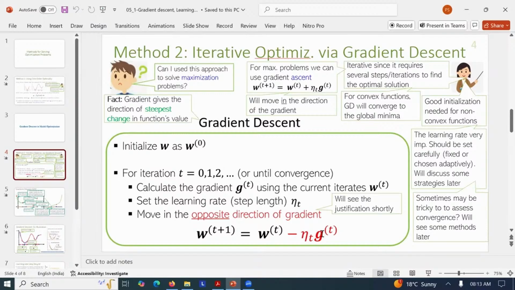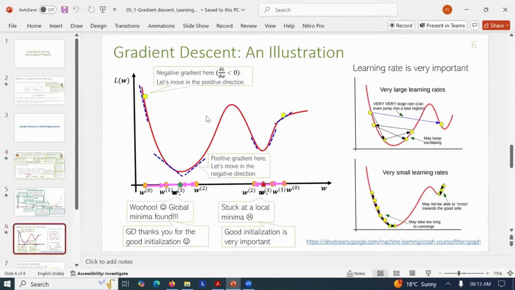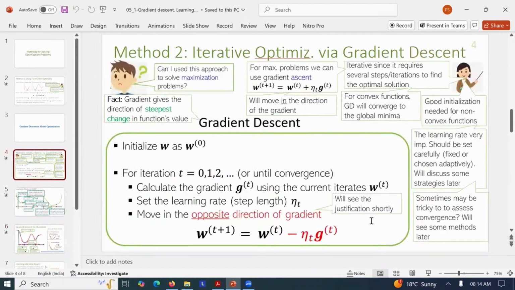So the gradient can be a scalar or a vector, depending upon the type of function we are minimizing or maximizing. If the function is univariable, where it depends on one variable, the gradient will be a scalar; otherwise the gradient will be a vector. To do this type of update, we need two values, g_t and eta_t. Eta_t is the learning rate and g_t is the gradient.